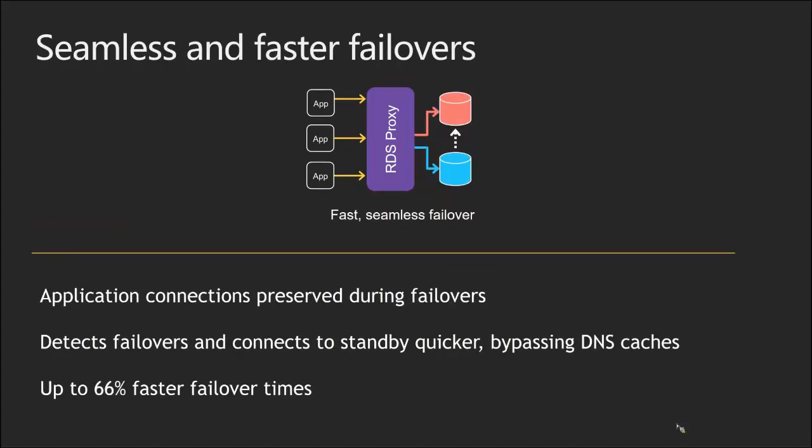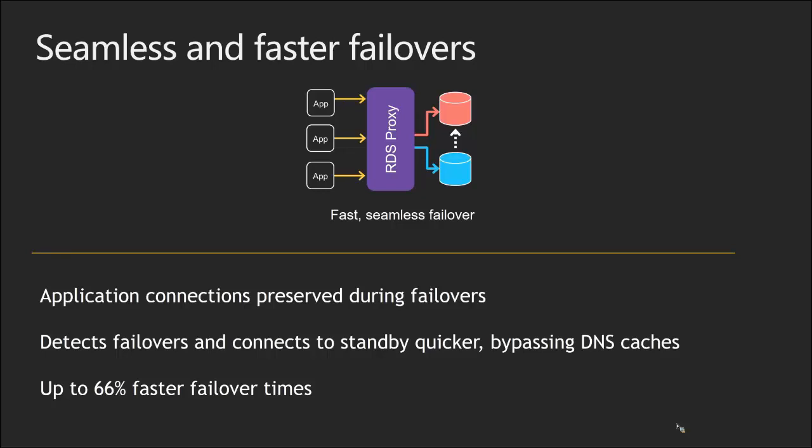Similar thing we can say about availability and about faster failovers. The application connections, as I said, are preserved during failover. Even if the databases that you see on the right side, the red and blue databases, fail, it doesn't mean that the connection between the application and the proxy needs to fail.